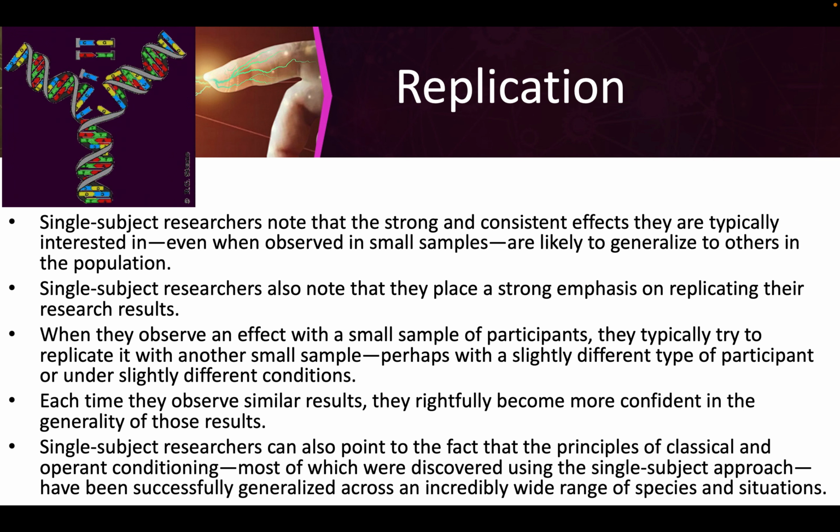Each time they observe similar results, they rightfully become more confident in the generality of those results. Single subject researchers can also point to the fact that the principles of classical and operant conditioning, most of which were discovered using the single subject approach, have been successfully generalized across an incredibly wide range of species and situations.